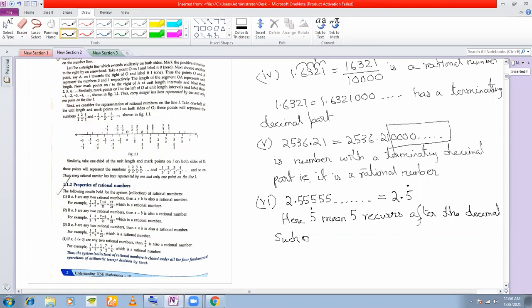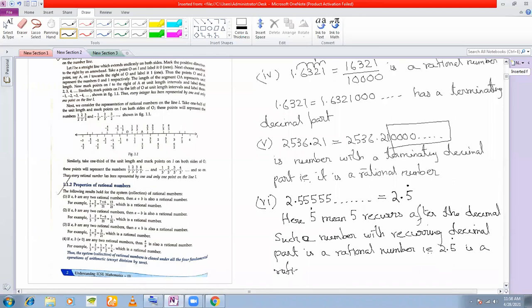Remember, such a number with a recurring decimal part is a rational number. Sir, we can show this number as a fraction? We can, I'll come to that. But for the time being, just remember this.